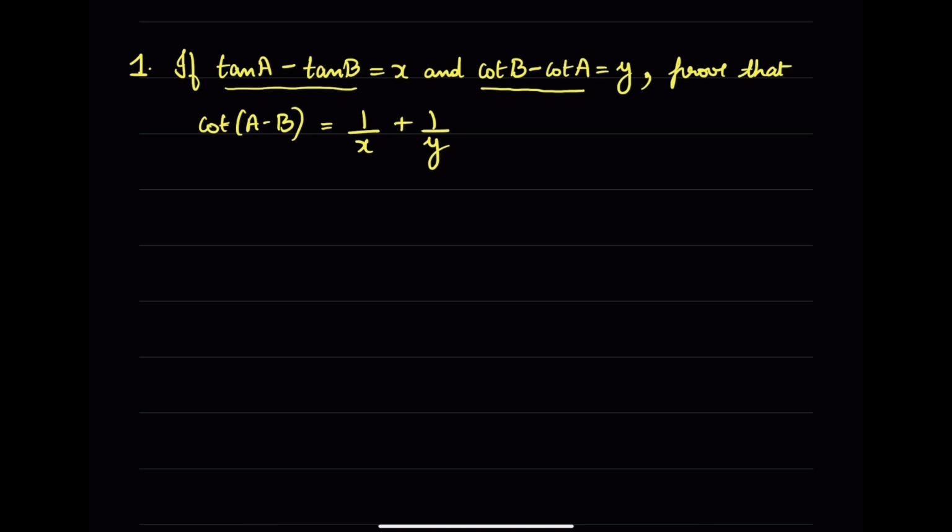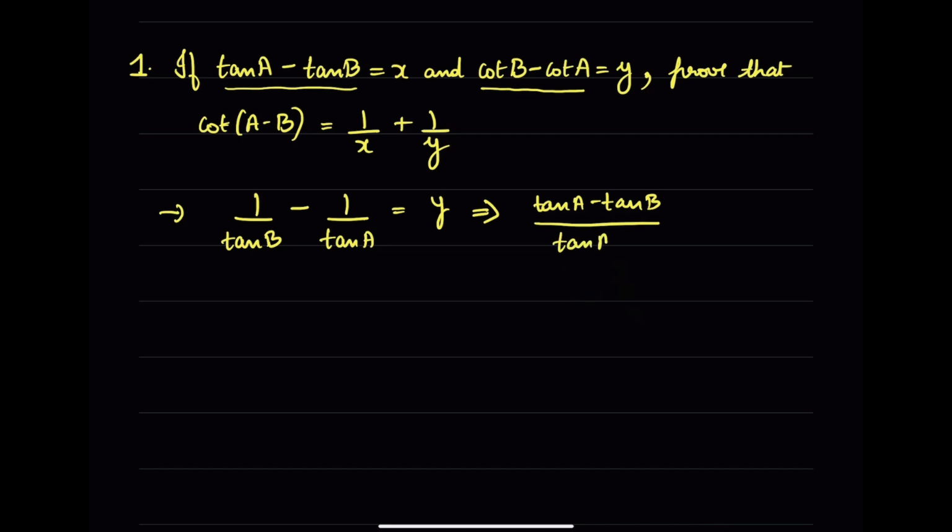So let's convert cot B minus cot A to a tangent format. So we would have 1 by tan B minus 1 by tan A is equal to Y, and this would further change to tan A minus tan B divided by tan A tan B is equal to Y. But the information we have is tan A minus tan B is X, correct?